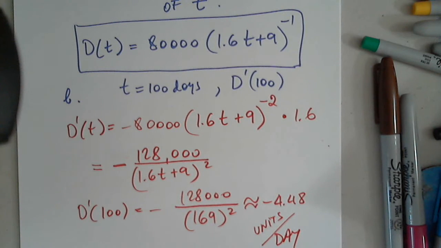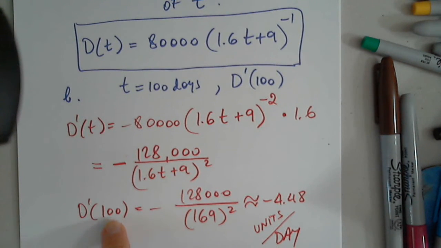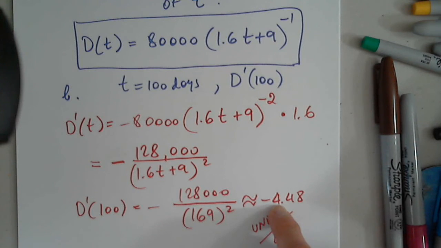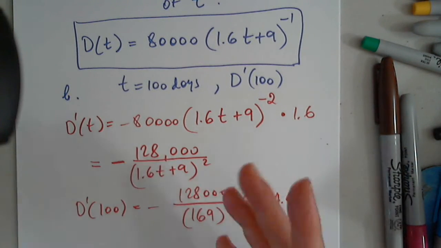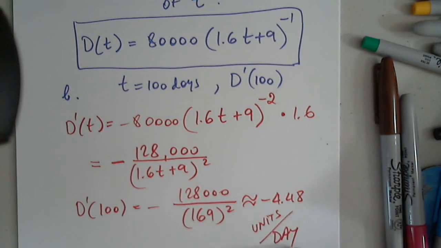Very good. So what does this mean? It means that when time is 100 days, the demand decreases by roughly between 4 and 5 units per day. That's the meaning of it.